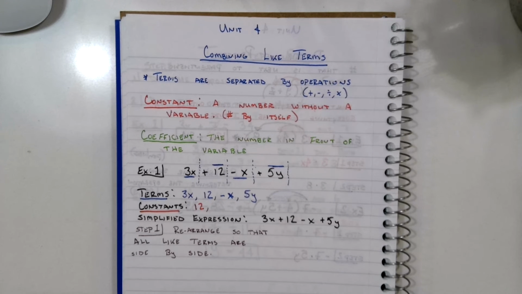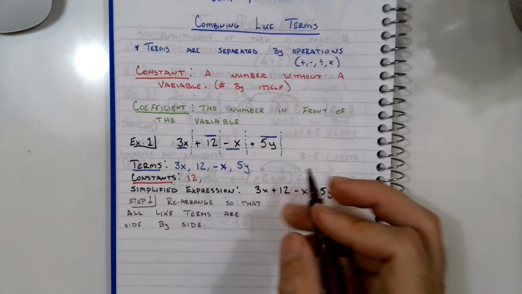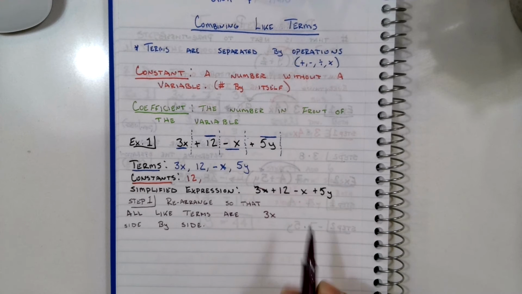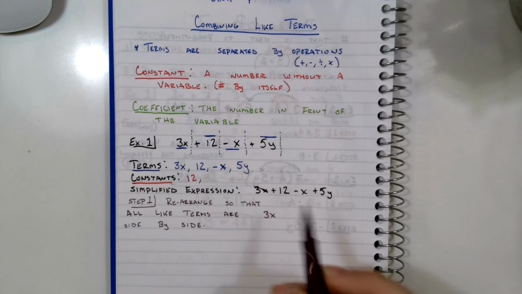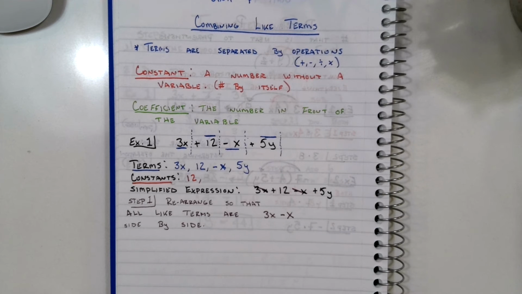Okay? So I'm going to rearrange this, which means I need to identify my like terms. Okay? So when I rearrange, I'm going to have, let's see, 3x. I got that one. Are there any more x's up here? Yes, I have a negative x. So negative x.